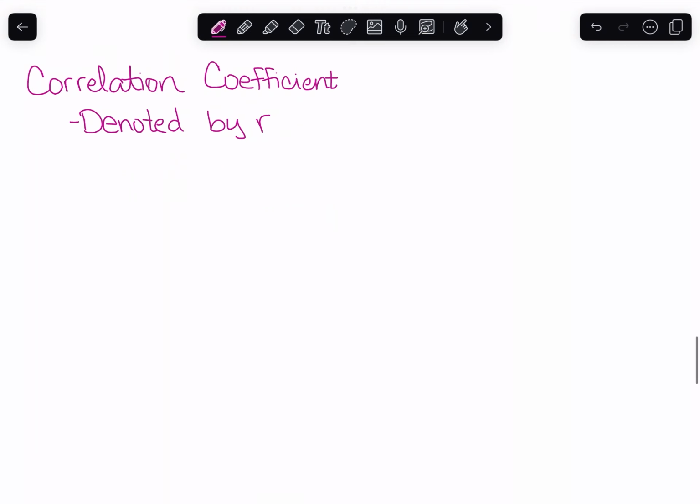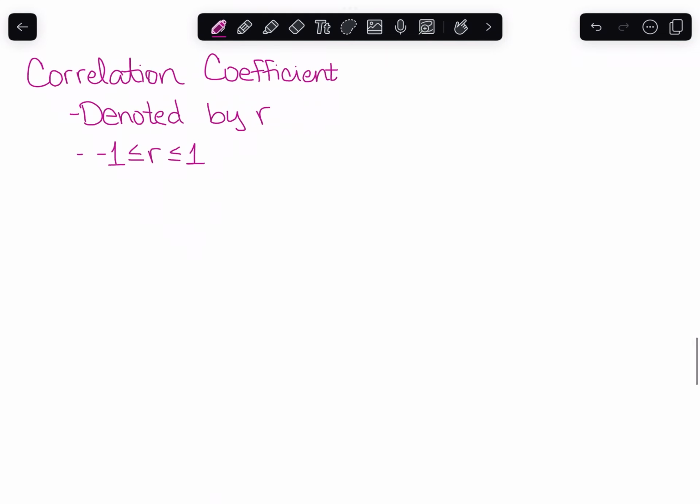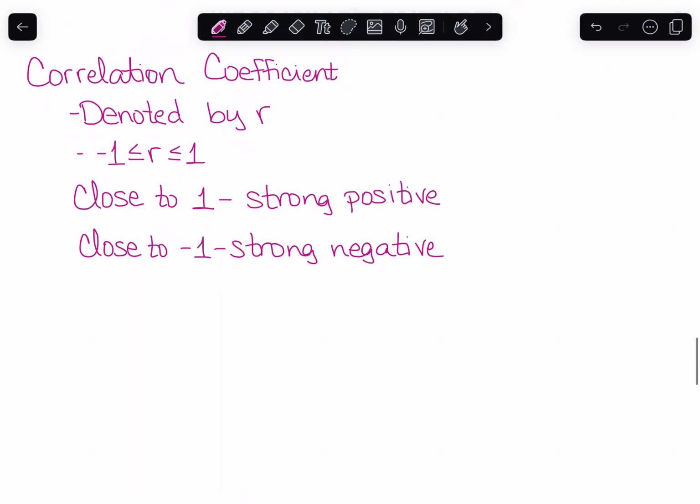We use the letter R to denote this, and this value will always range between -1 and 1. Whether the direction is positive or negative will depend on the sign of the correlation coefficient. Strong positive linear relationships will have a coefficient that's close to 1. If there's no relationship or only a weak relationship, then this value will be close to 0.